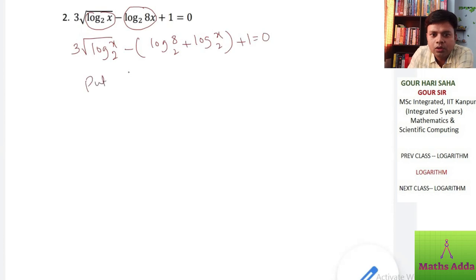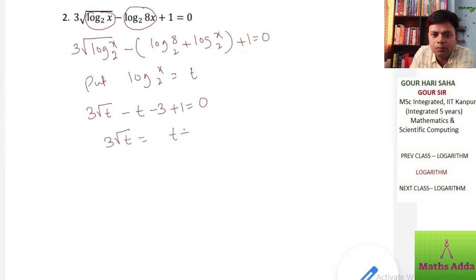Put log of x base 2 equal to t. So this is 3 root t minus t, and this is what? 3 minus 3 plus 1 equal to 0. So it is 3 root t is equal to t plus 2.